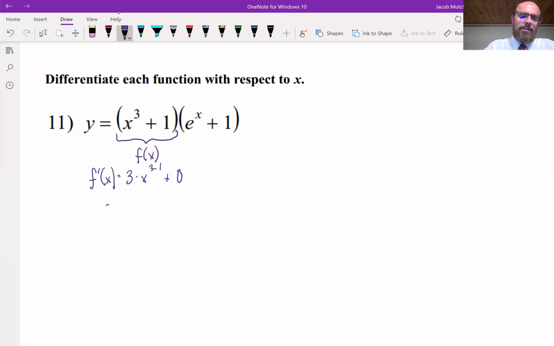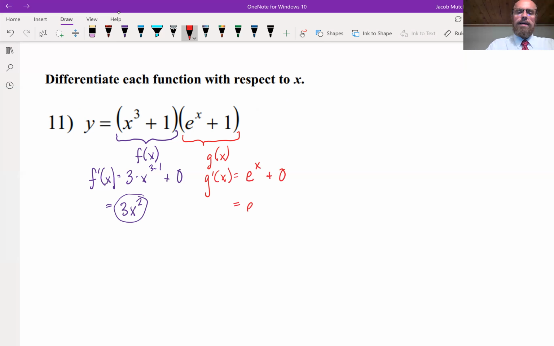So that's 3x squared. Our g of x for this example is e to the x plus 1, which means our derivative of g of x, the derivative of e to the x again is itself, plus the derivative of 1 is 0. So that's simply e to the power of x.